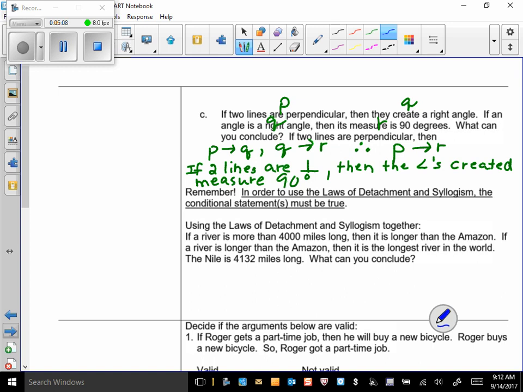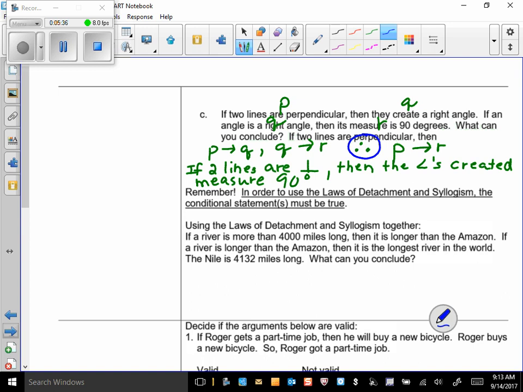So if you didn't do that, you can just do it with me right here. I'm given: if two lines are perpendicular, then they create a right angle. Okay, so if P then Q. If an angle is a right angle, then its measure is 90 degrees. So there's if Q then R. What can we conclude? Well, that is just straight up the law of syllogism. So what I can conclude then is if P then R. And oh, by the way, these three dots that I put here are symbolic for therefore.